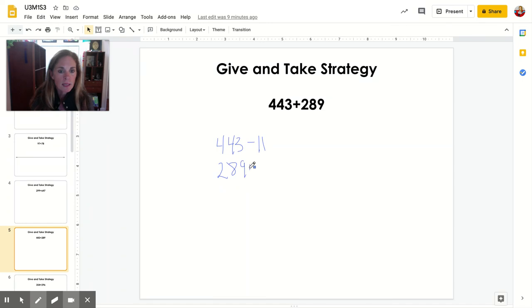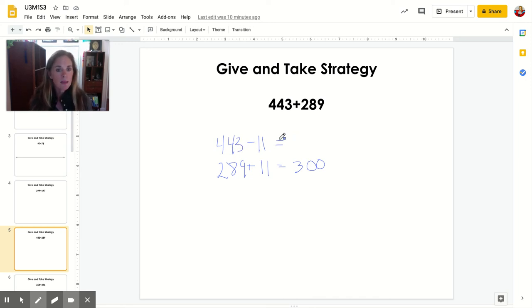The reason that I'm doing that is that I know that 289 plus 1 is 290 and 10 more makes it 300. And so I would like this 289 to add 11, so I can have it be 300. And here I'm going to think, okay, 443 take away 10 is 433.